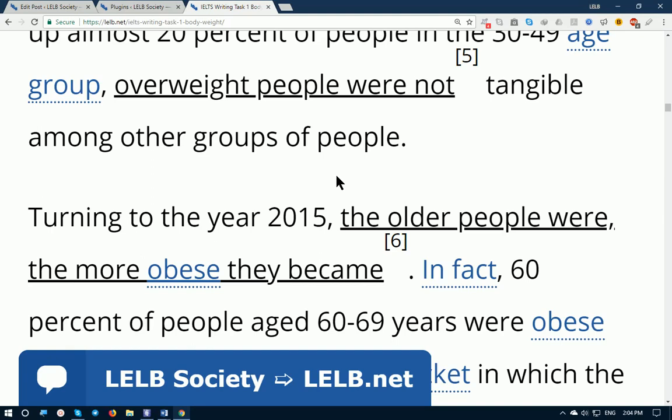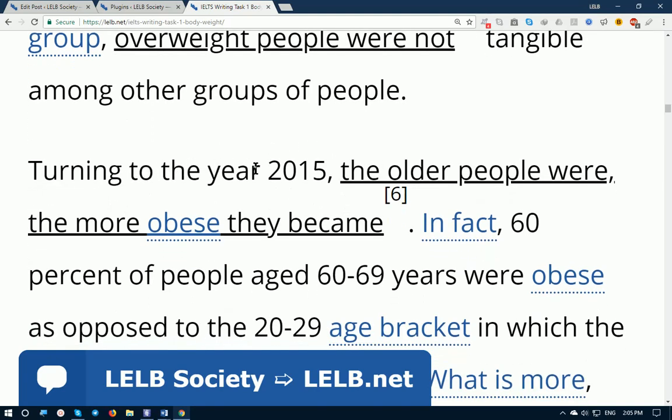This IELTS writing task 1 should contain at least 150 words, for example 160, or maybe 170 at most, because your writing should not be too long. But here the number of words used is over 280, which is really too many, I mean, in terms of words.